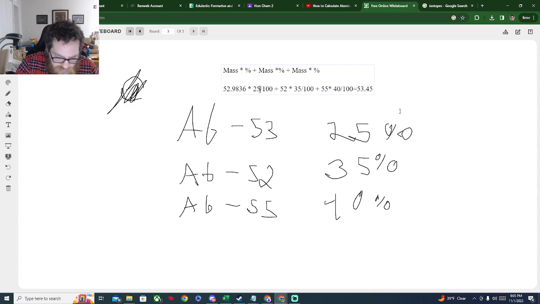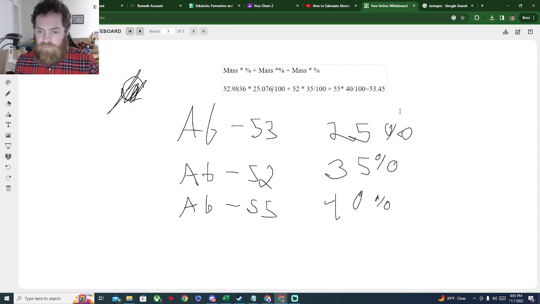And if it's technically 25.076%, just put 25.076 over 100. That part doesn't change. So if you're given a more specific mass, use that. If you're not, just use the number.